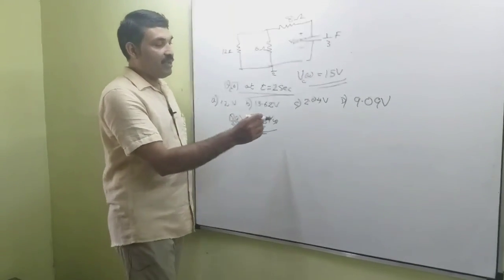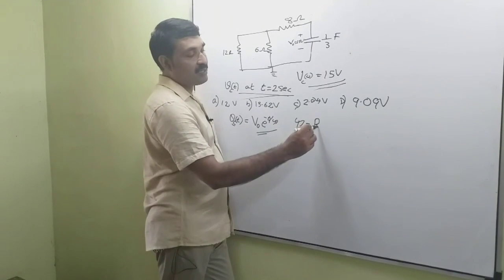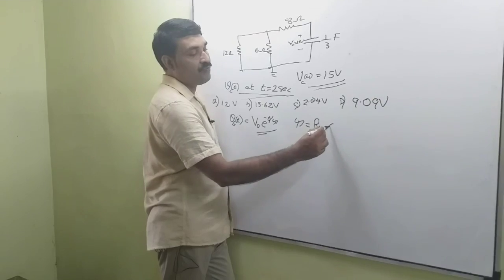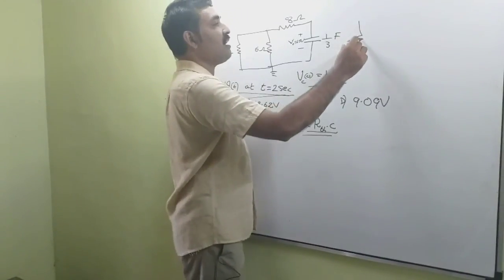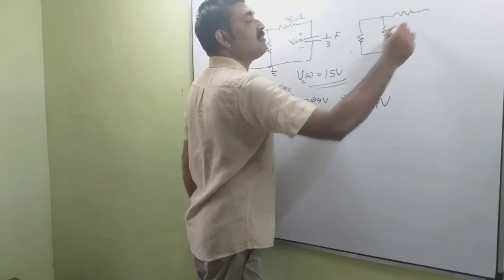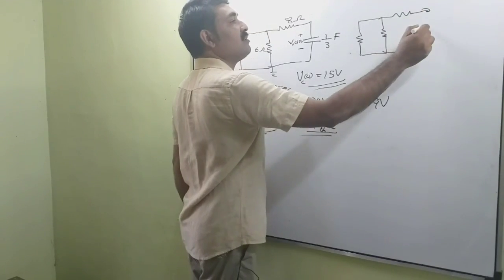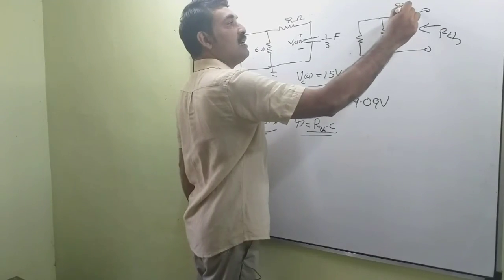Now we want to find tau. Tau is equal to the equivalent resistance, RTH, into C. Now what is RTH? For finding RTH, we can use the Thevenin's equivalent circuit. This is our Thevenin's equivalent circuit and this is our RTH. The value of this resistance is 8 ohm.